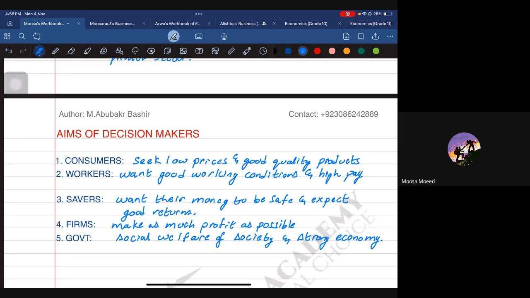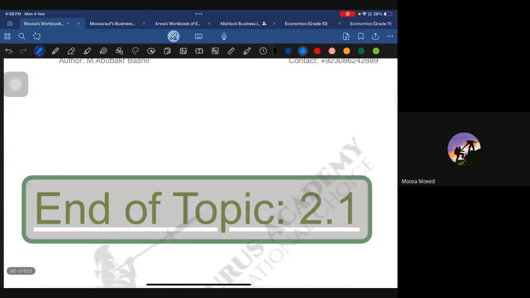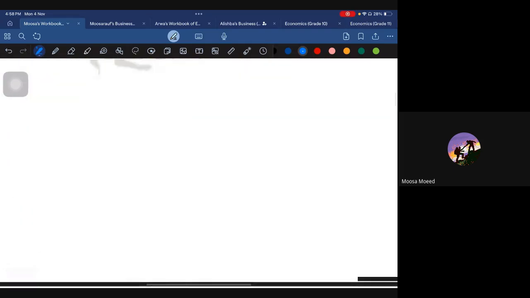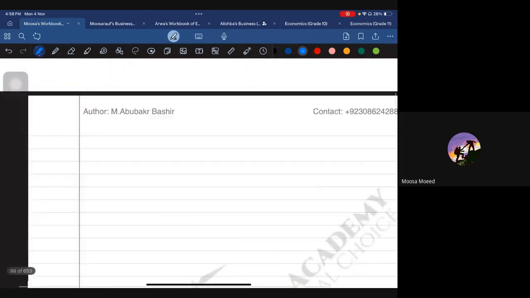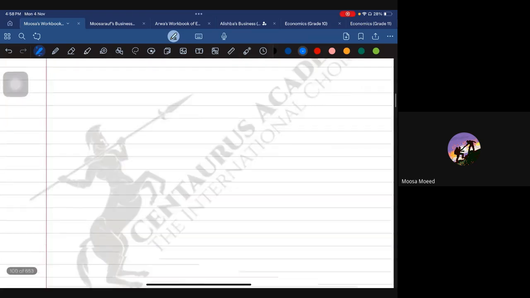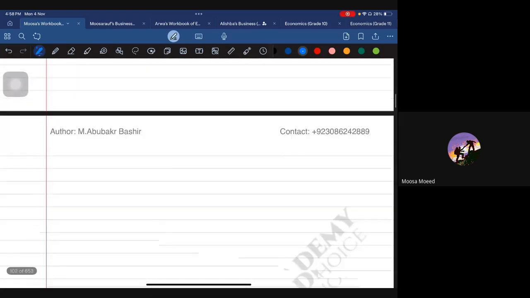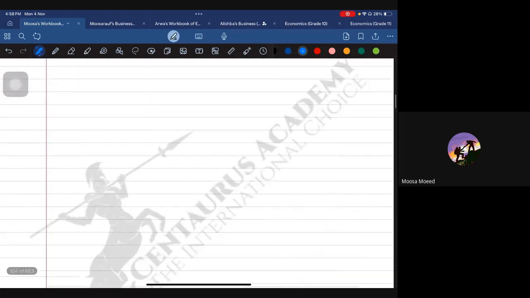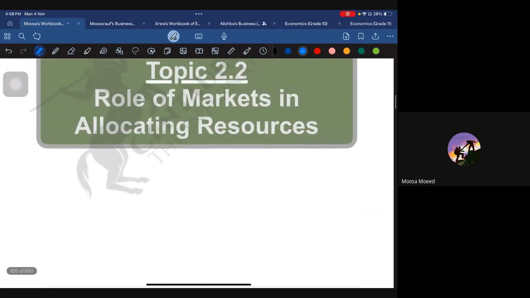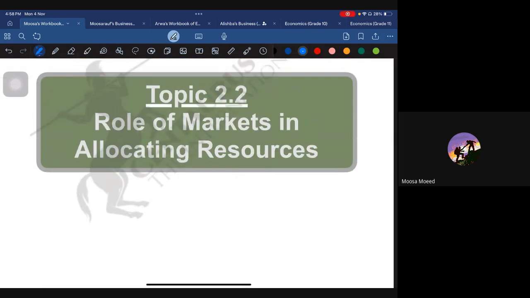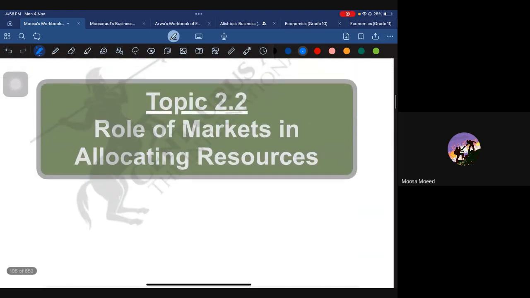Done, sir. Okay, great. So here our chapter ends, and we will be moving forward to the next chapter, and that is topic 2.2, the role of markets in allocating resources.